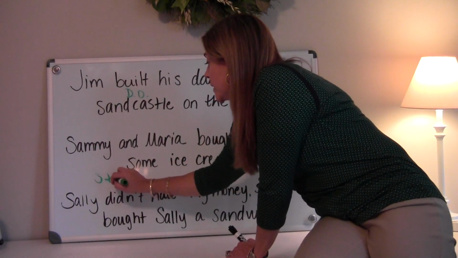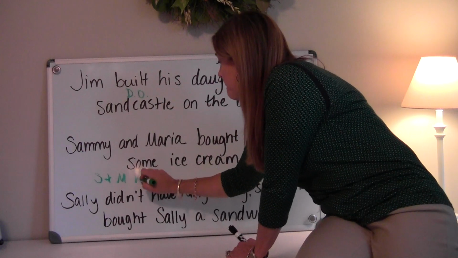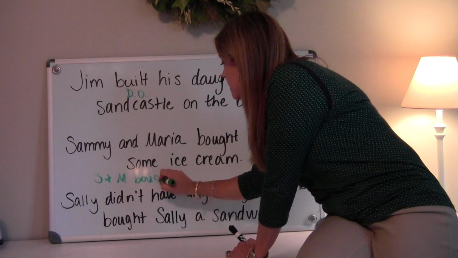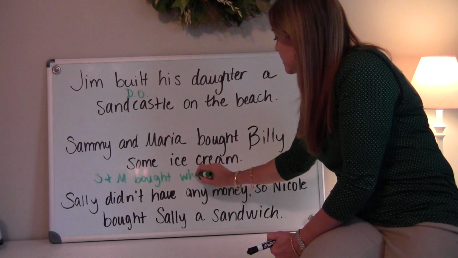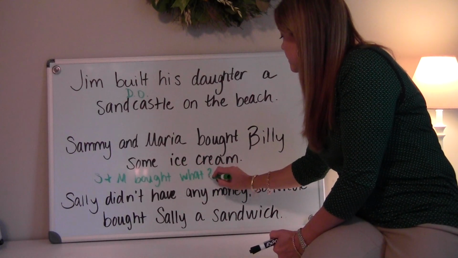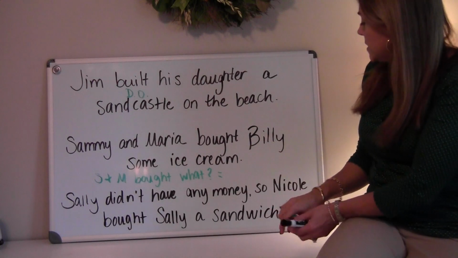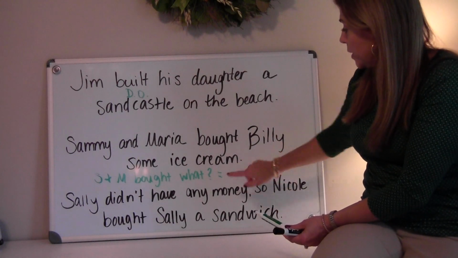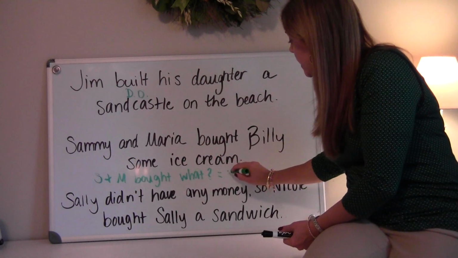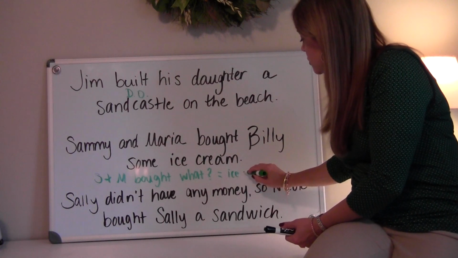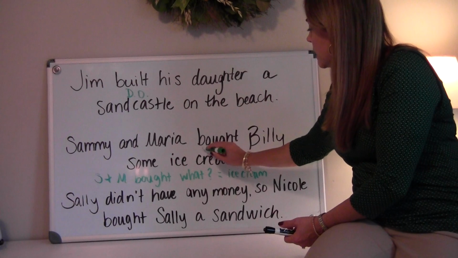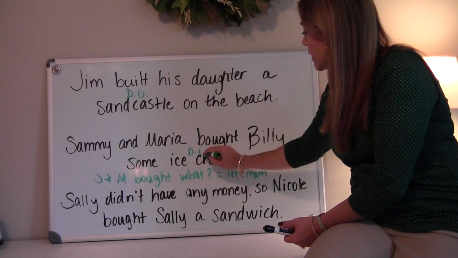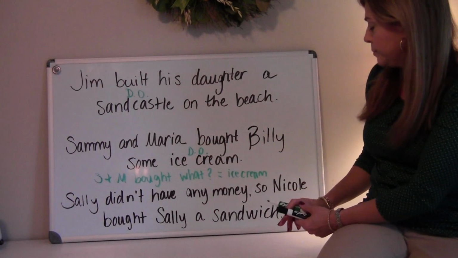Sammy and Maria bought what? And the answer is ice cream. So my direct object is ice cream. And I'm going to label it D-O.